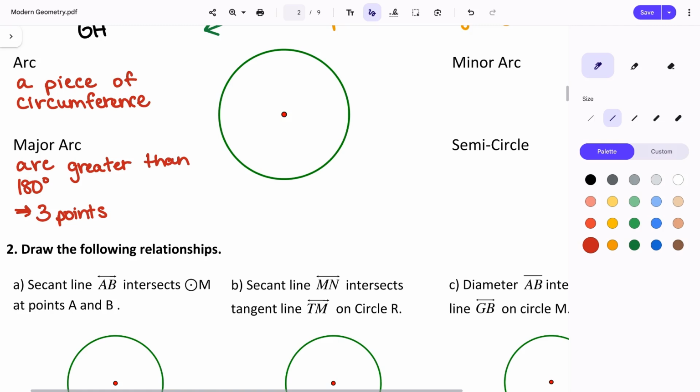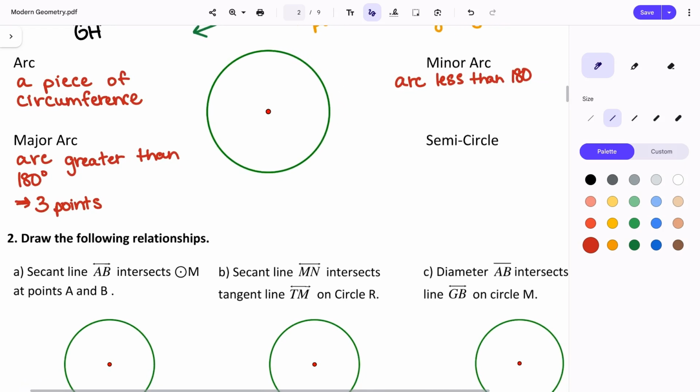Anyone have a guess what you think a minor arc means then? Less than 180. If you want to name a minor arc, you only need 2 letters.